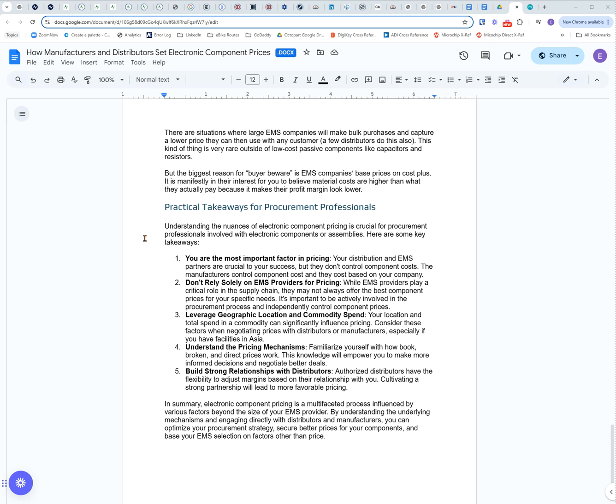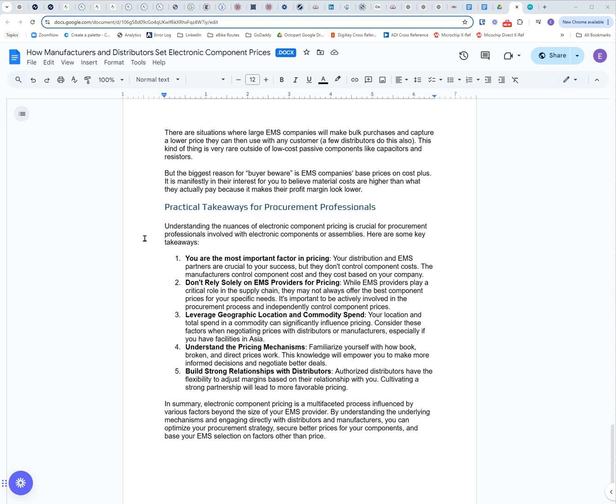Leverage geographic location is the third thing. Leverage geographic location and your commodity spin. This is especially true if you have facilities in Asia, or you can point to things in Asia and potentially buy them through Asia. And again, emphasize your commodity spin.